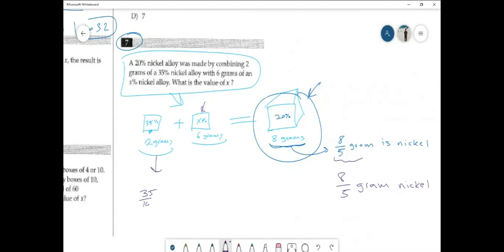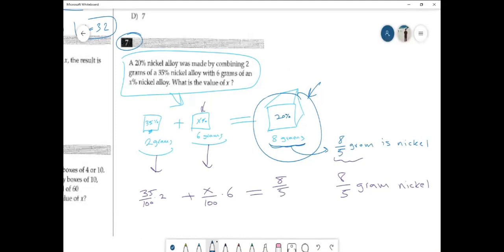So 35 per 100 times 2 is only nickel alloy. Plus, I don't know how many percent of this material of 6 gram is nickel alloy, so I will write X per 100 times 6 is equal to 8 divided by 5.